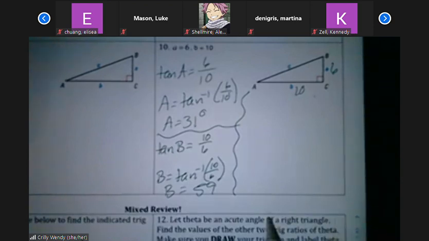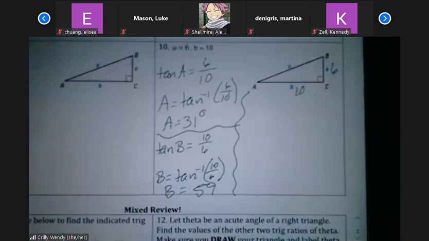When you're doing the inverse, don't hit the equal sign, because the equal sign is now adding on another. As soon as you hit the sine inverse, cosine inverse, or tangent inverse, it gives you the answer. If you hit equals, you're telling the calculator to do another one and another one, so you're going to just continue doing operations.